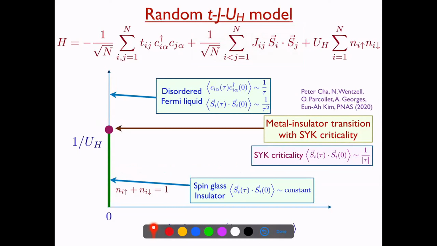And the reason they called it that is because there's a certain other model, which is basically sort of like a large M generalization of this insulating antiferromagnet, in which the spin correlation decay is 1 over tau. And a big part of the remainder of my talk will be trying to explain to you where this 1 over tau comes from.